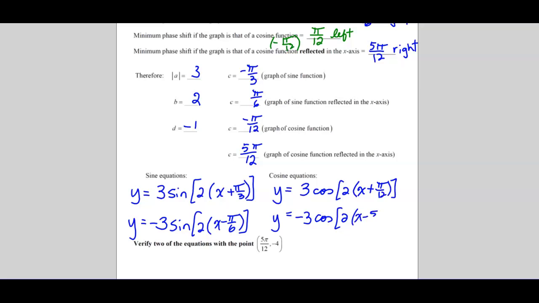And then minus. And then our D value is the same for all of them, minus 1. So the only thing that's different is whether it's a positive leading coefficient or negative, and the C value.